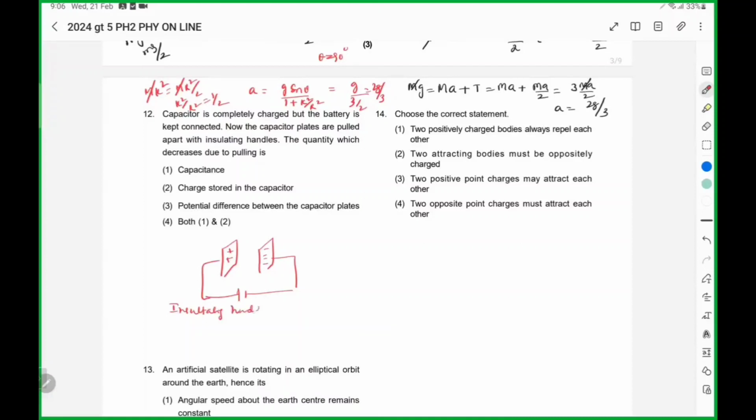If they were conducting hands, charge would pass from the metal plate to the conductor. If it is an insulating hand, charge remains on the plates of the capacitor. So what changes occur? Charge remains the same, first point, even after disconnection of the battery.